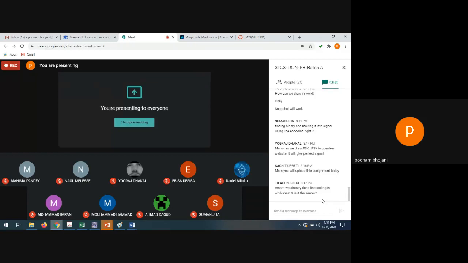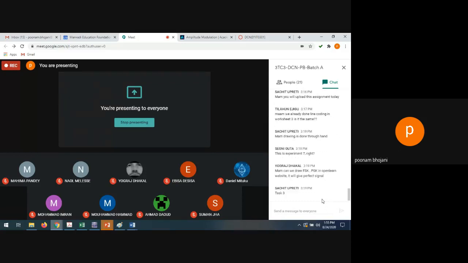Any questions on line coding from anyone? Yeah, drawing can be done by hand, no problem. You can draw on paper by hand and take a photograph or snapshot and upload it. Yeah, this is experiment number 7. The sixth experiment we did today, that is amplitude modulation.